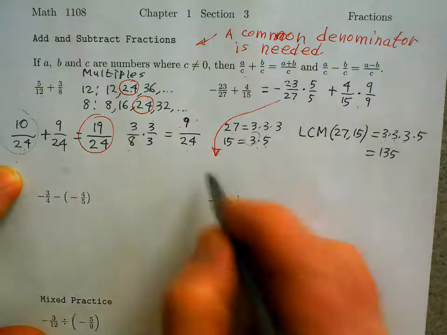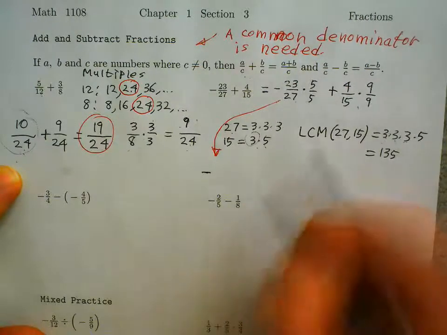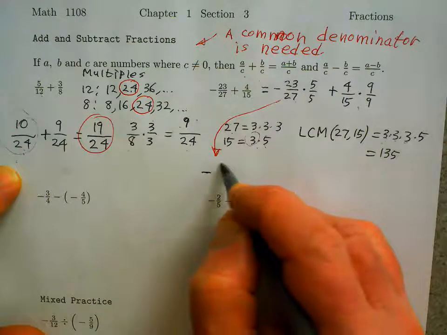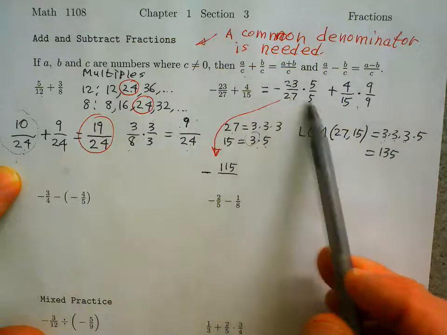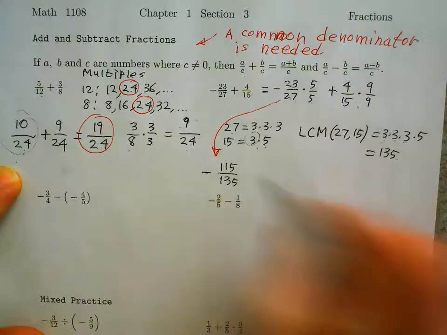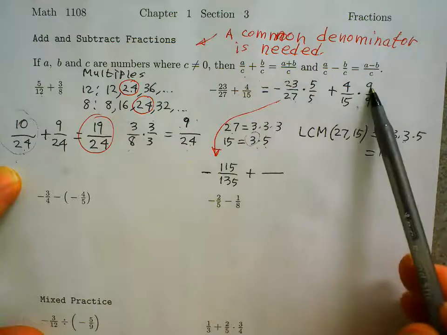When we multiply those two fractions, we get negative, let's see, in the numerator, 23 times 5 is 115. And in the denominator, 27 times 5 is 135. And then for the other fraction, in the numerator, 4 times 9 is 36.